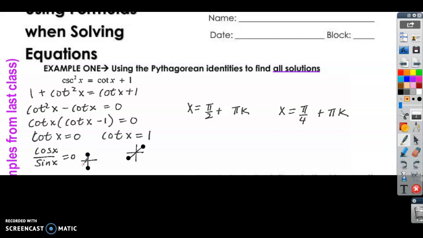So this is pi over 2 plus pi k. This one starts at pi over 4. If I add pi, I end up with the other solution. So seeing as that solution is pi away, I can just write pi over 4 plus pi k, because I'll find my next solution, and then my next solution, and then my next solution.